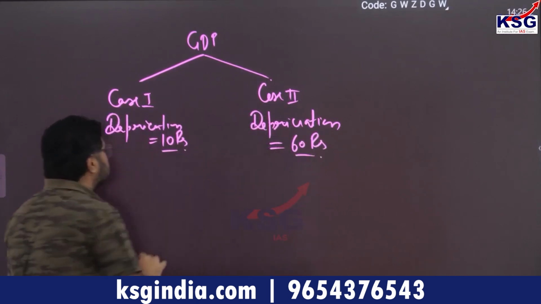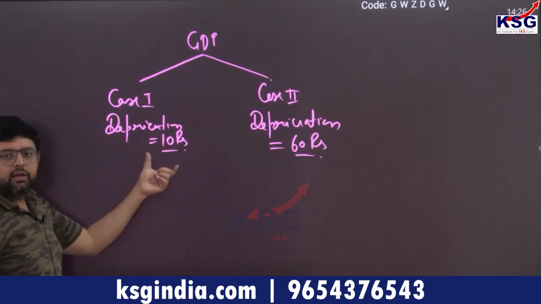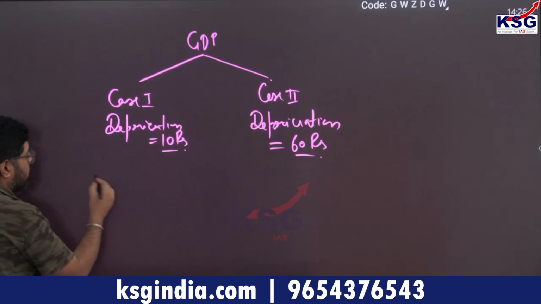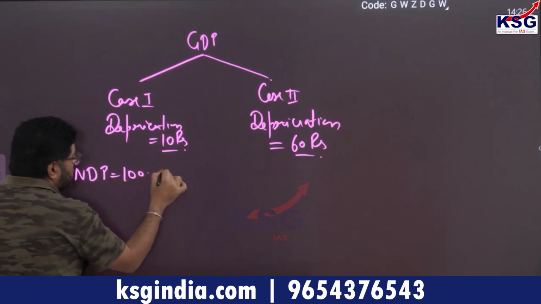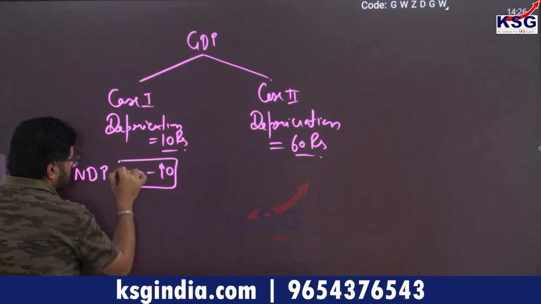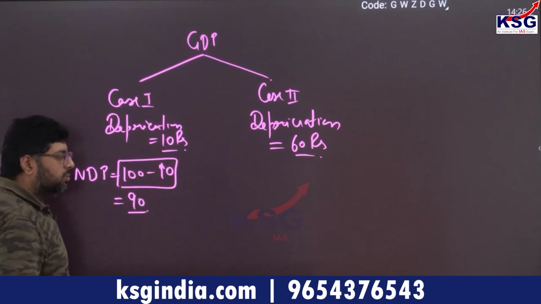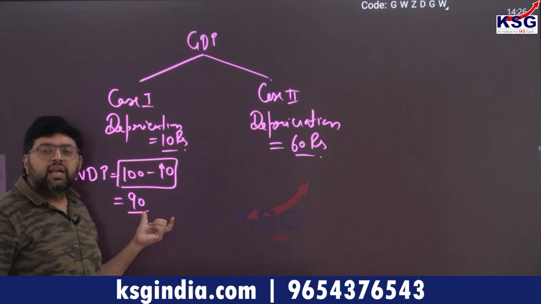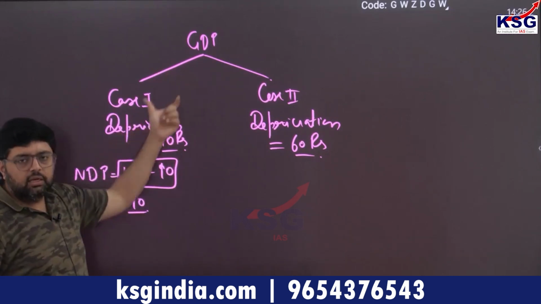So in this case, in order to get a GDP of 100, you spend 10 rupees, so effectively your NDP is 100 minus 10, which means 90. It means to get the same GDP that you got last year, you have to spend 10.